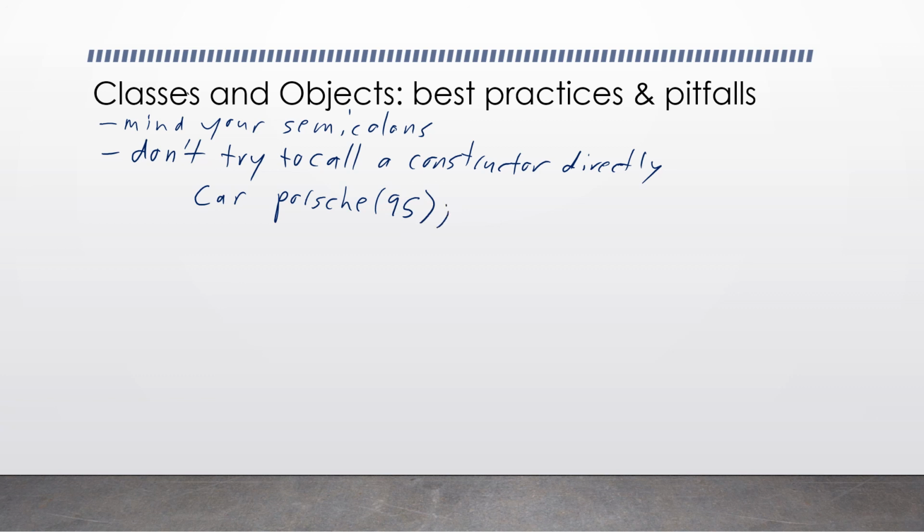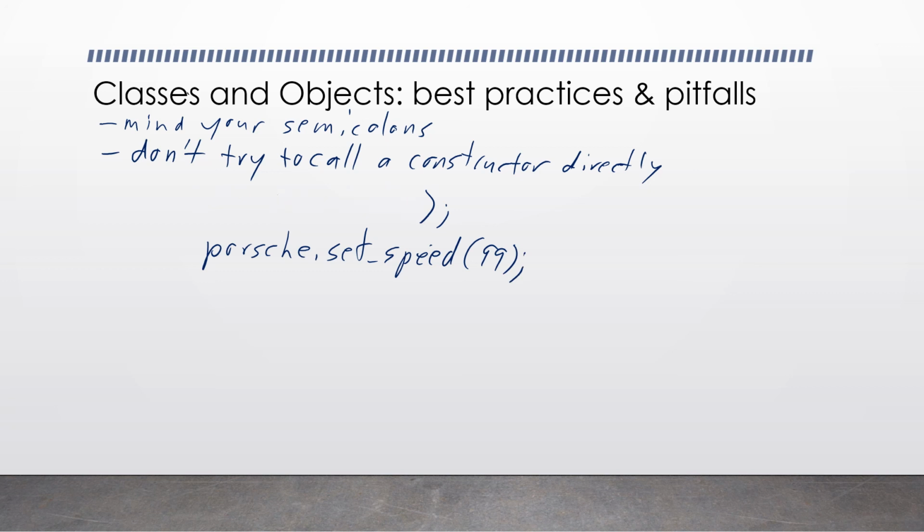Okay, but I can't later call Porsche.Car, call my constructor, and try to set that to 99 instead. Okay, this is a no-no. If you want to be able to set the cruising speed of the car later, you have to build in a method, Porsche.setSpeed 99. Okay.